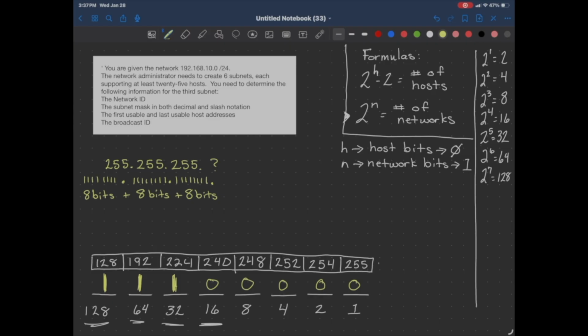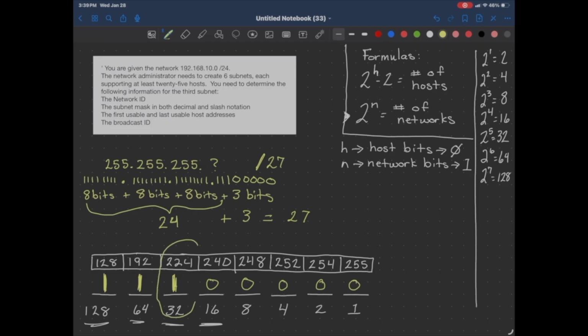Then I need these 3 more in the last octet. That's 24, 25, 26, 27. Now I know my subnet mask and the slash notation just from putting those numbers in my table. I have /27 and 255, 255, 255, 224.